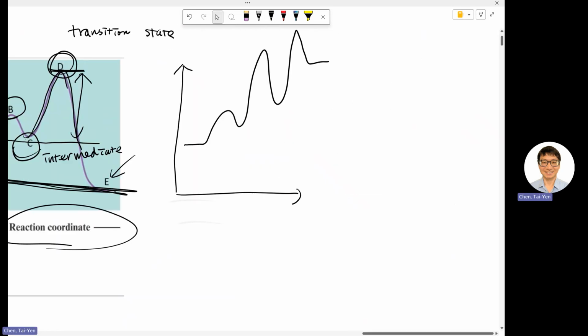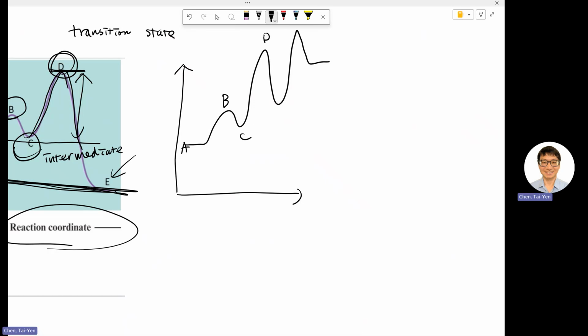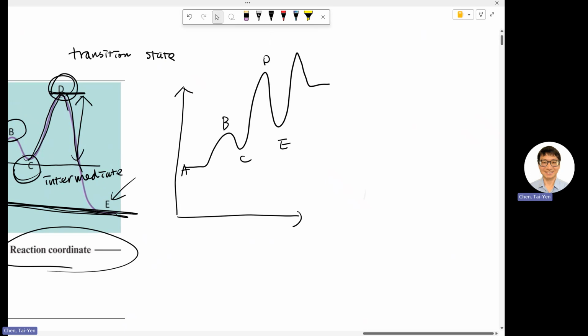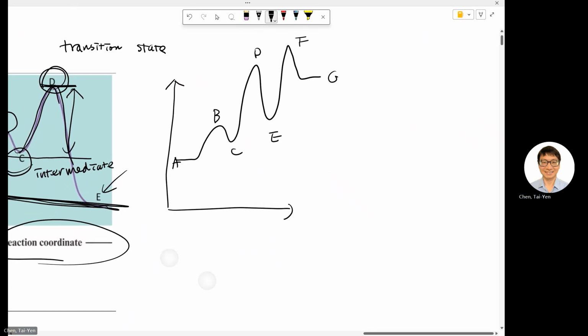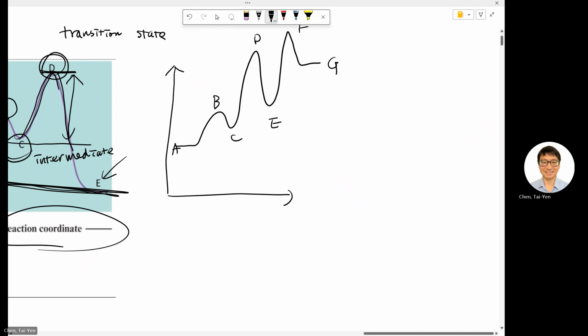I can also draw something like this, right? I can label A, B, C, D, E, F, and G. Again, the y-axis is energy, the x-axis is just the reaction coordinate.